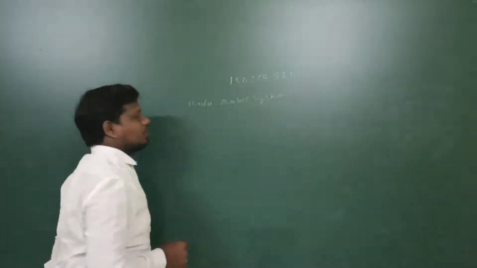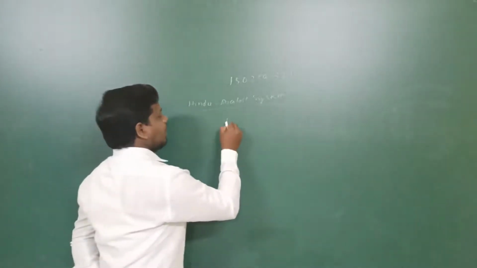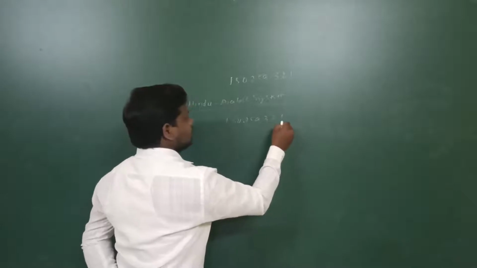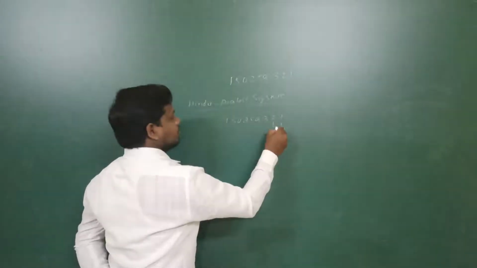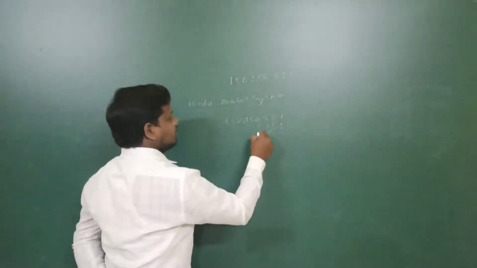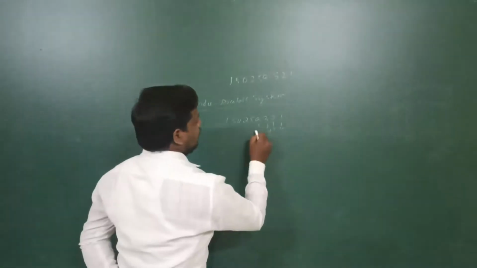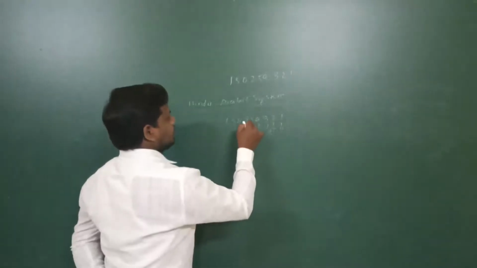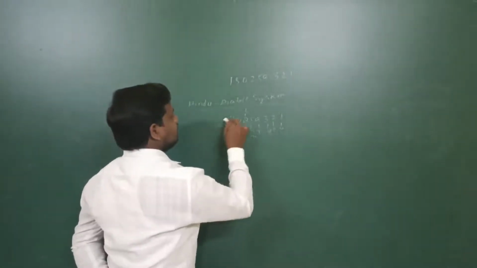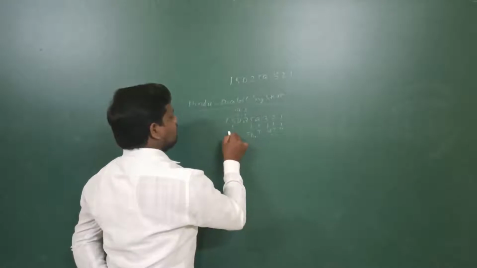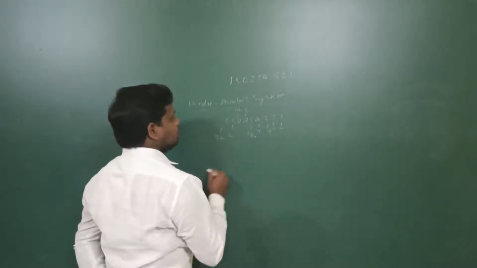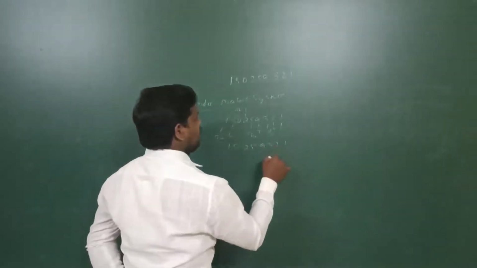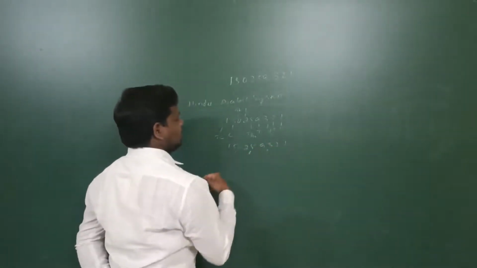In this system, the places are units, tens, hundreds, then thousands, 10,000s, then 1 lakh, 10 lakhs, 1 crore, 10 crores. Means how can we write 150259321? Like that we can separate it.